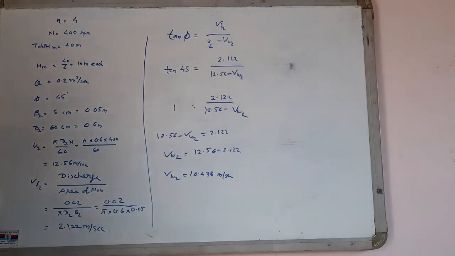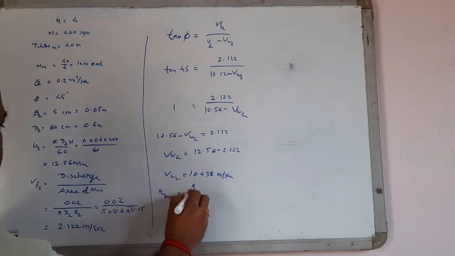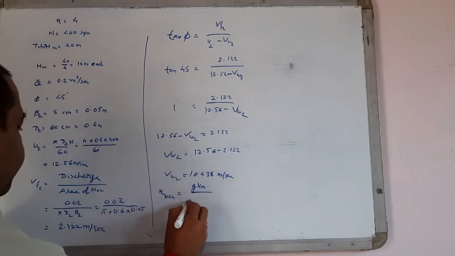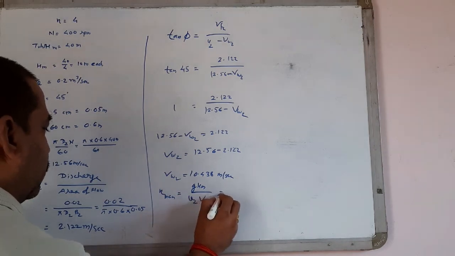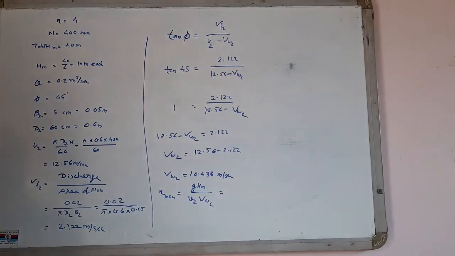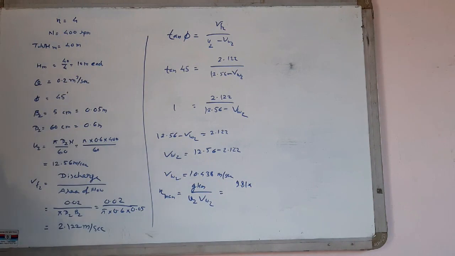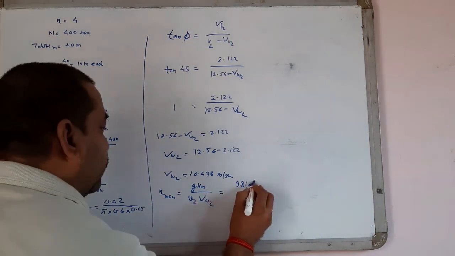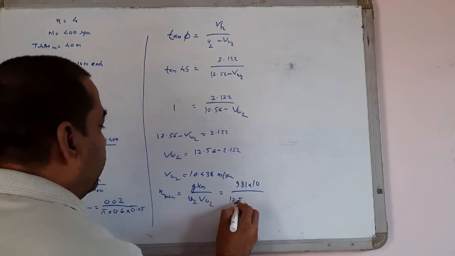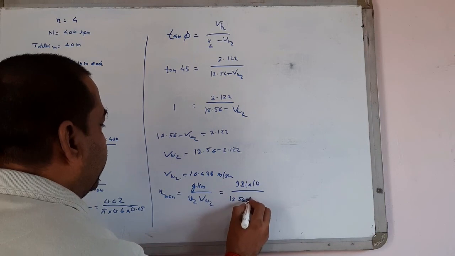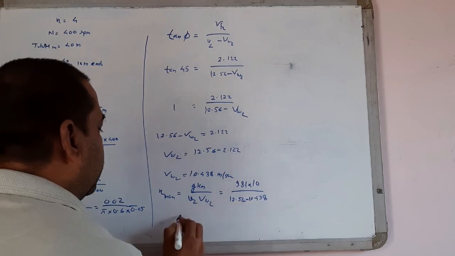And now we have to calculate eta manometric equal to g HM by U2 VW2. So putting here g 9.81 into head HM is given 10 for individual, and U2 is 12.56, VW2 is 10.438.